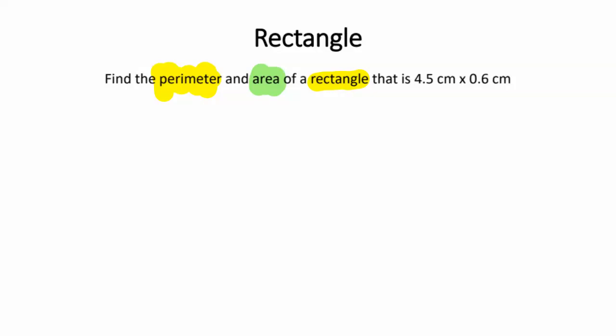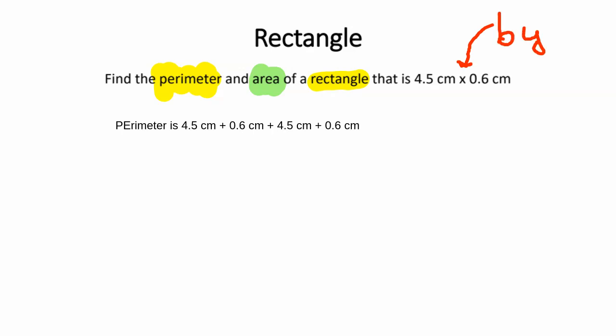Well, for a rectangle, the perimeter is 4.5 centimeters plus 0.6 centimeters plus 4.5 centimeters plus 0.6 centimeters. Now, before I forget, this symbol means by in math. It's not a multiply sign.